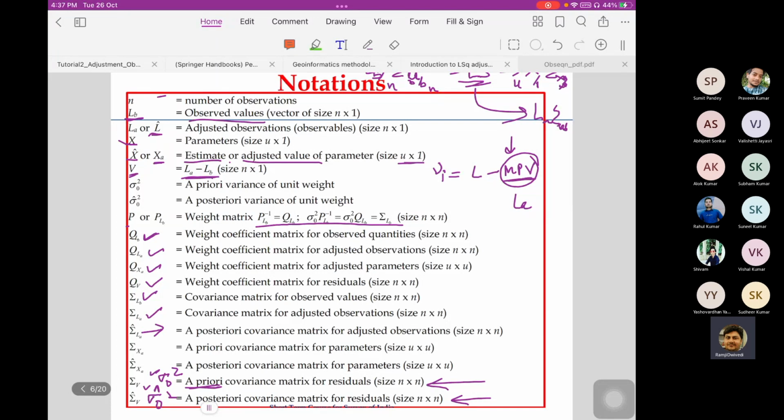But anyway, you just look at this once. If you were in the class, in an offline manner, I usually ask all of you to write the notations one by one on a fresh page. If you do not write, you will not remember, because in the next few slides I am talking about these notations only.